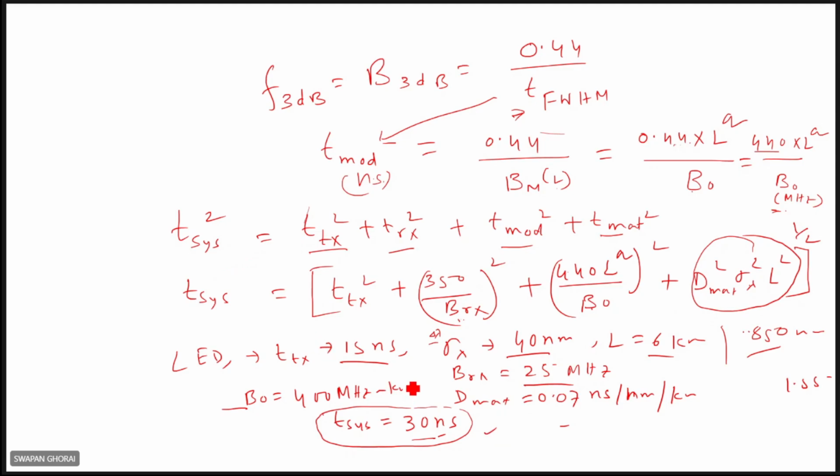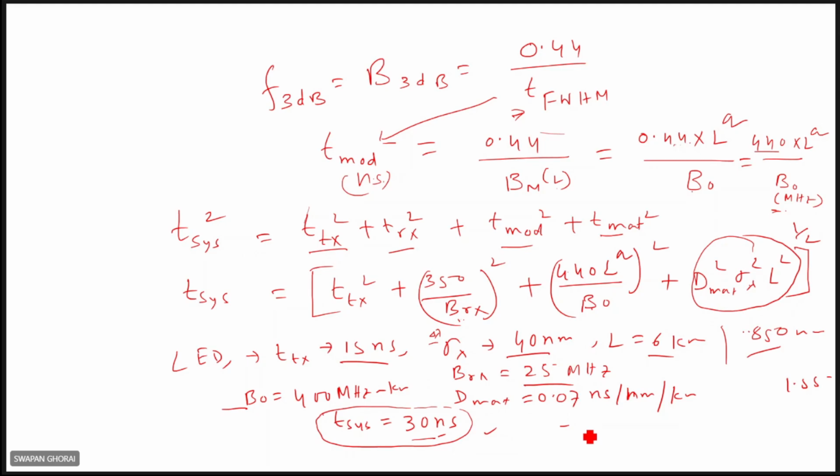Now, this is not the end of the problem. You have to check whether it meets the system requirement or not. Generally the problem will mention a data stream of, say, 20 Mbps NRZ data.